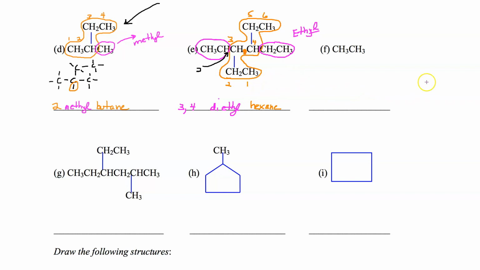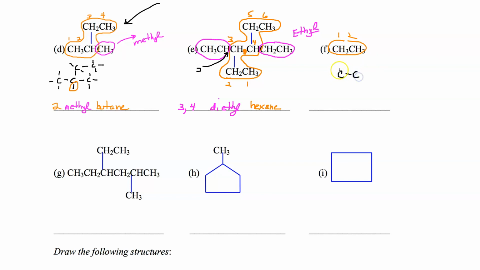On to F. If I look at F, this should be a pretty easy one. Longest continuous chain is 2, 1, 2. Notice the two terminal carbons, so this has to be single bonded between the carbons, right? If this carbon is bonded to this carbon, guess what? They both have the ability to bond to 3 other H's.